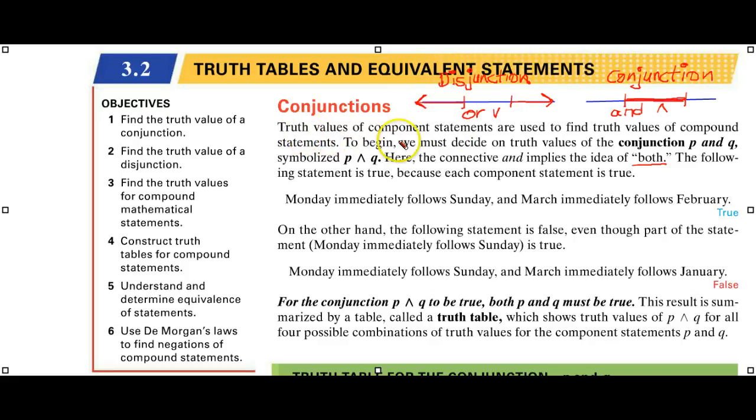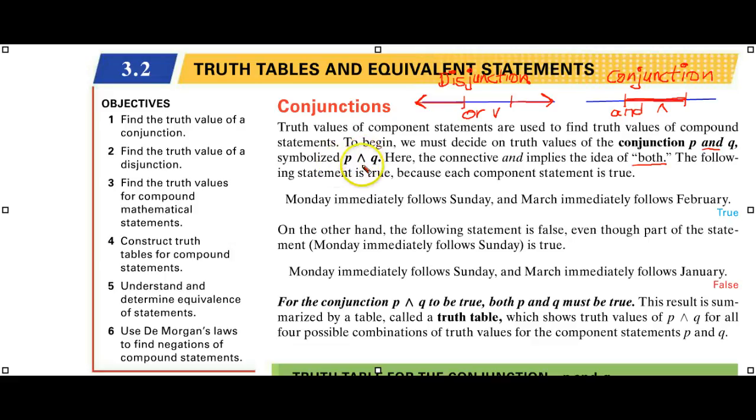Truth values of component statements are used to find truth values of compound statements. To begin, we must decide on the truth value of the conjunction P and Q. Notice we're using the word AND, and the symbol for that AND, remember, is the caret.